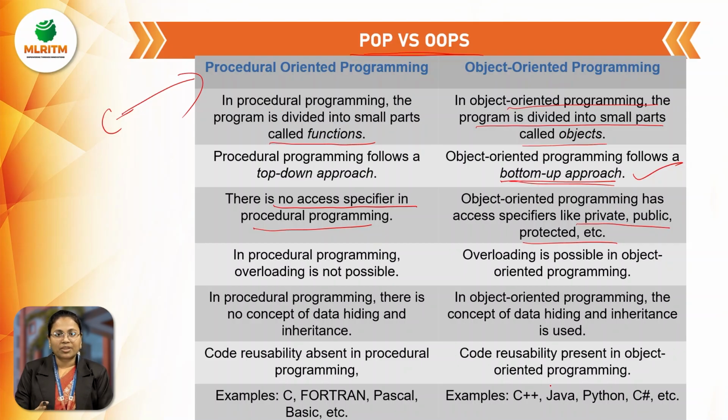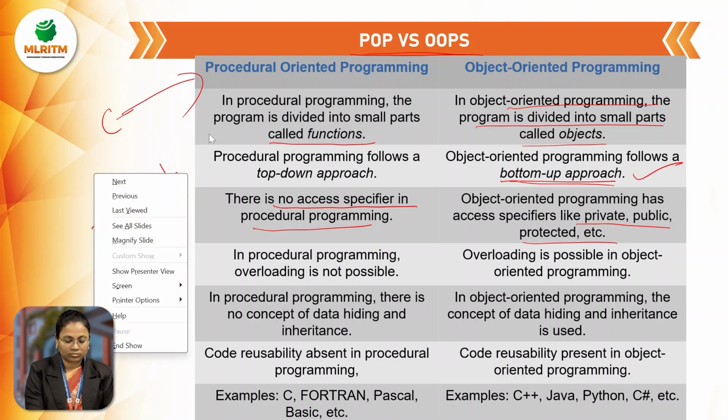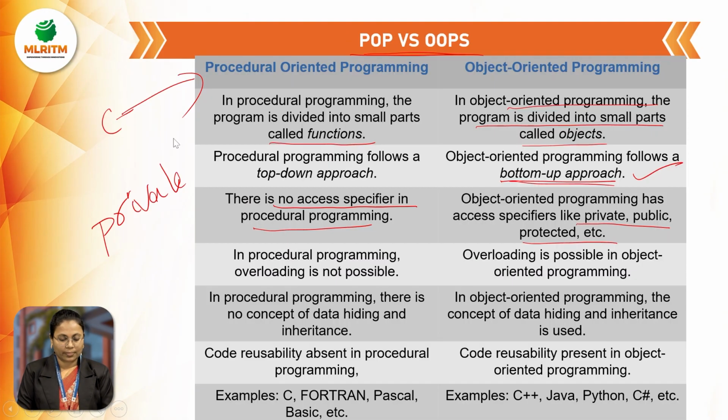If I don't want to share the variables and methods of my class with another class, then I'll make my variables and methods private. So I can make my variables and methods in my class private variables or private methods. Or else if I want, I can give access only to the subclass.